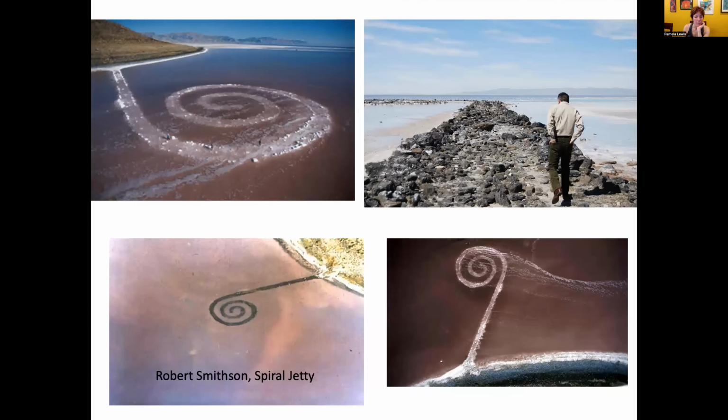Spiral Jetty, Robert Smithson created this jetty into this lake. And you can see it from space, this sort of ancient shape of the spiral that he created in real space, real time. Sometimes it's underwater completely and it disappears depending on the water levels, and then it arrives. And it's just amazing to see when it comes back.